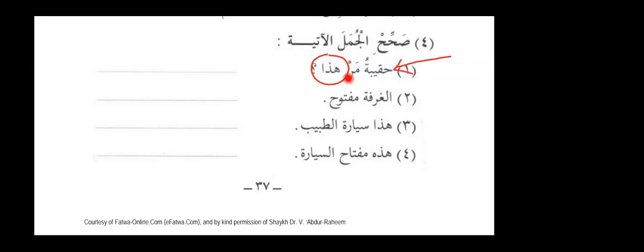So the correct thing is haqibatu man hadhihi. Whose bag is this? Because man means who. So if I say Haqibatu Hamidin, Hamid's bag. Haqibatu Zaidin, Zaid's bag. Haqibatu Aisha, Aisha's bag. Haqibatu man, whose bag? Oh, this is clear.